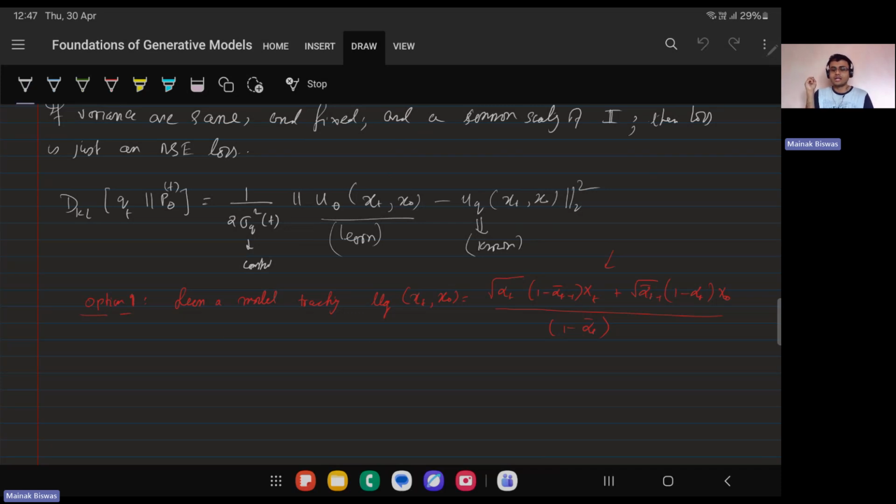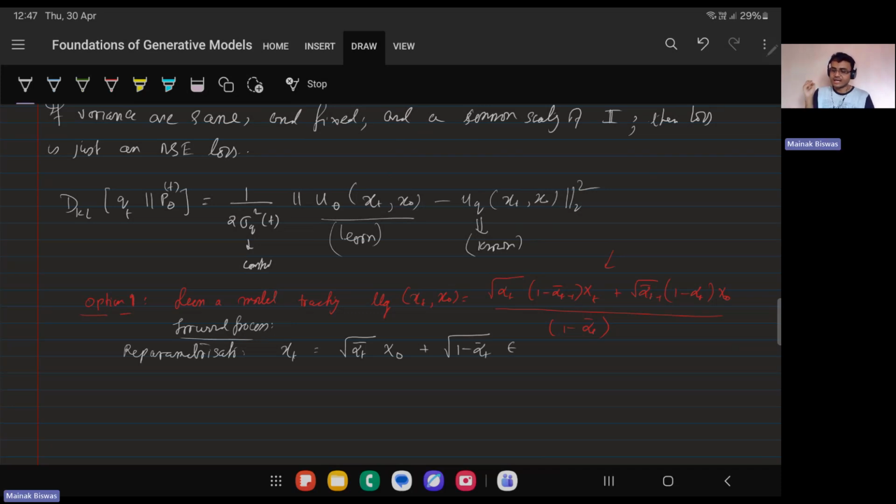So what I'll do is I'll do a reparameterization trick. How will I do the reparameterization? Remember that we had shown the forward process gives xt is equal to root alpha t bar x0 plus root 1 minus alpha t bar epsilon, isn't it?